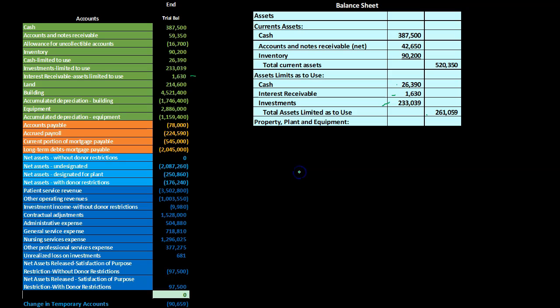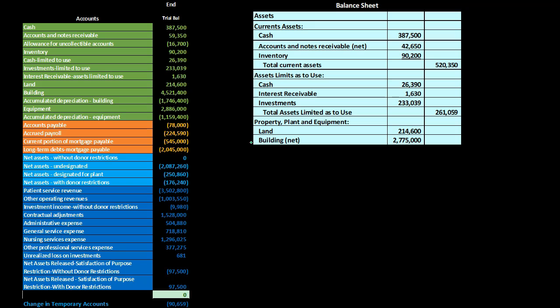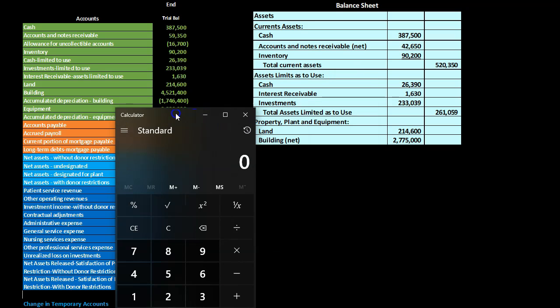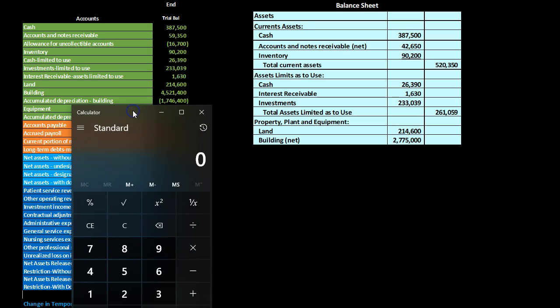261,059. Next, we're going to go to the property, plant, and equipment, still in the assets section. Property, plant, and equipment, including the land, which is not depreciable. Then we have the building, and we're just going to simply record it net. What that means, of course, is that we've got the building at 4,521,400 minus the accumulated depreciation, 1,746,400.